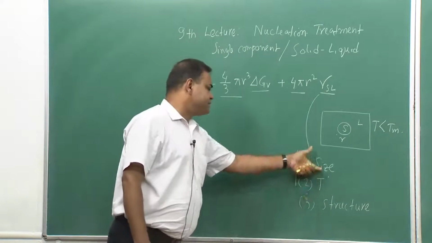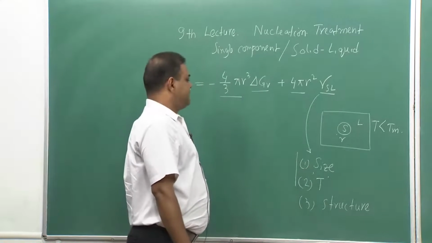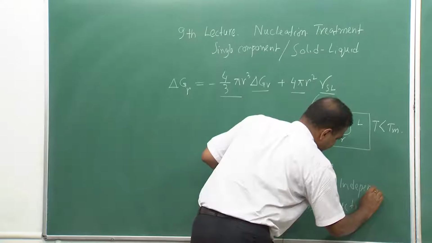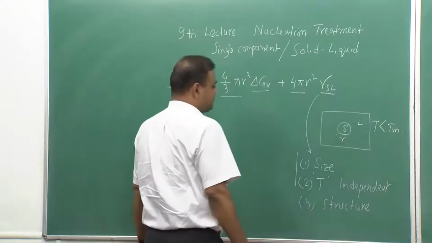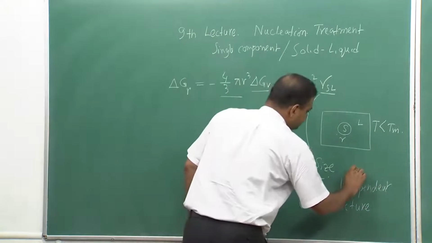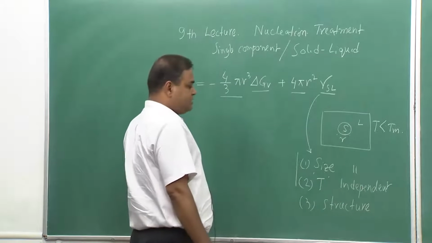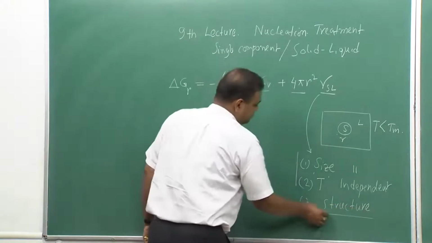There are several factors, but these are the major ones. Now, we assume that this is independent of temperature, and in the beginning we are not considering any structure effect.